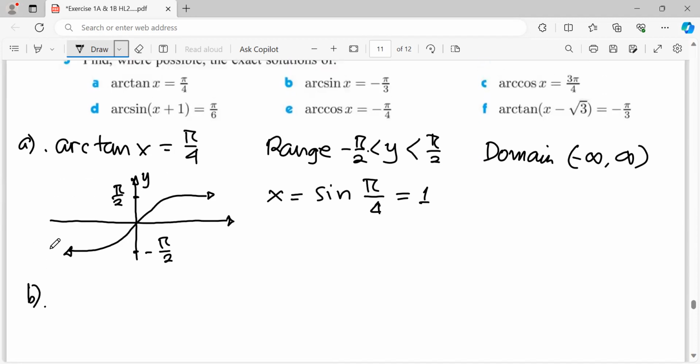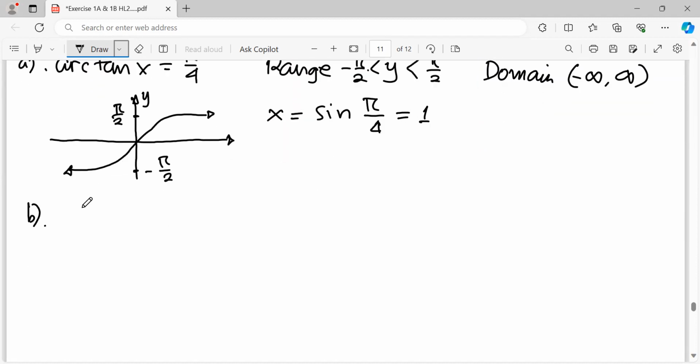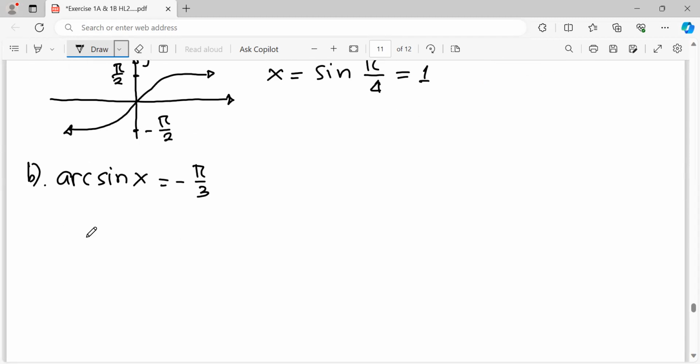B. Arc sine x equals minus pi third. I will sketch the arc sine x graph.